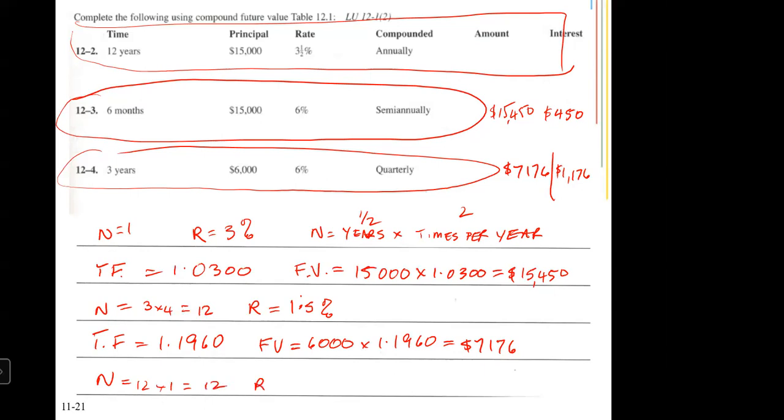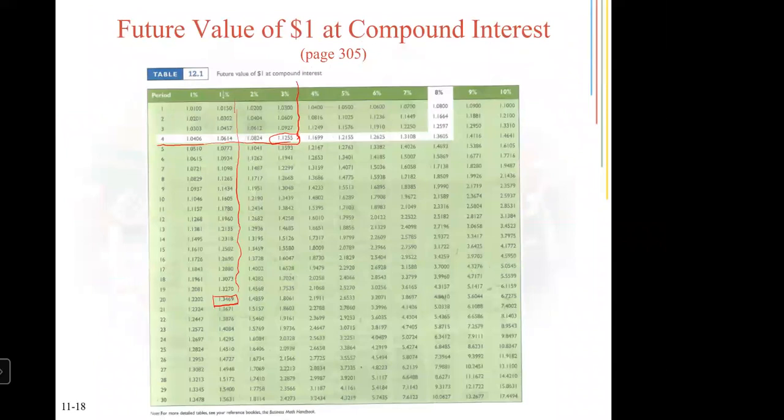And what would be the rate per period? Three and a half percent. Annually, so 3.5 divided by 1 is 3.5. So you go to the table, 3.5 for 12. Oh, our table doesn't have 3.5, so we wouldn't be able to use it.